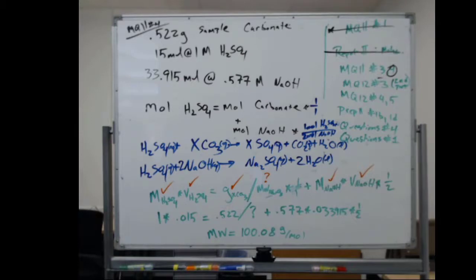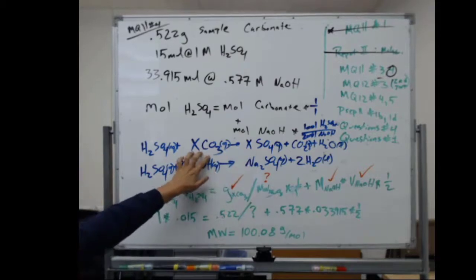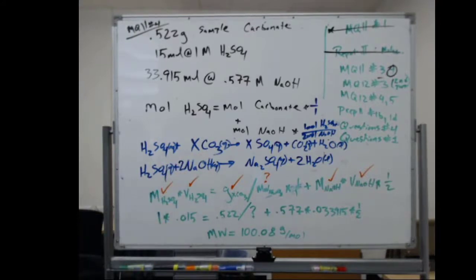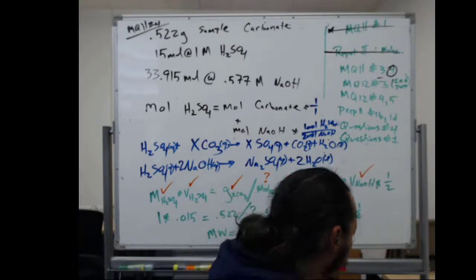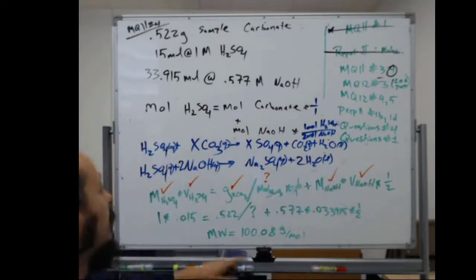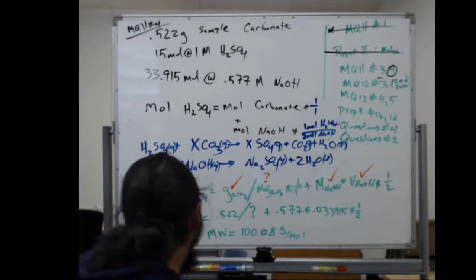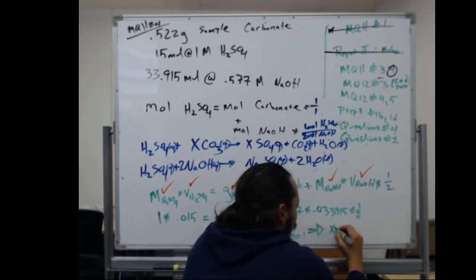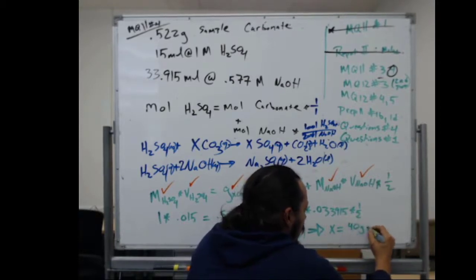So what we're going to do is go back to this idea of the XCO3. And we know the mass of carbon and oxygen, so we can subtract that out and just get the mass of X. So my mass X, after I subtract off the carbonate mass of 60, is going to be 40 grams per mole.